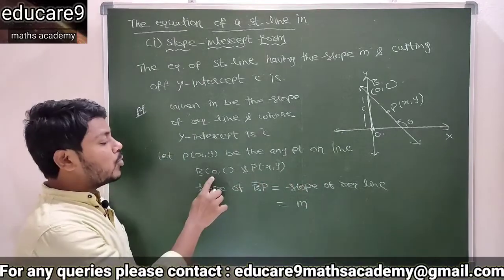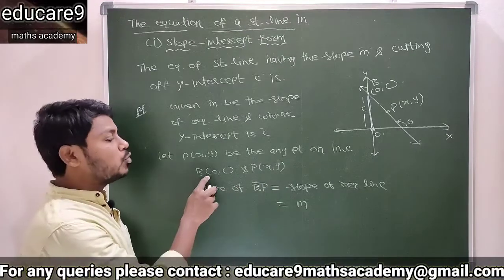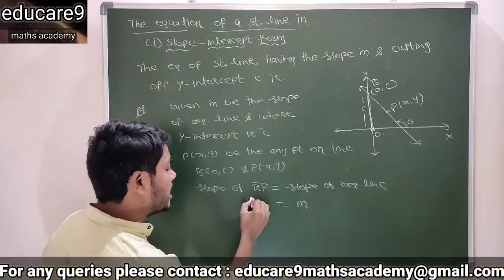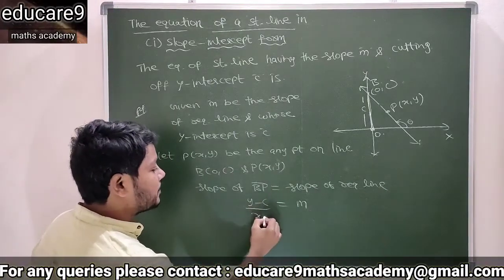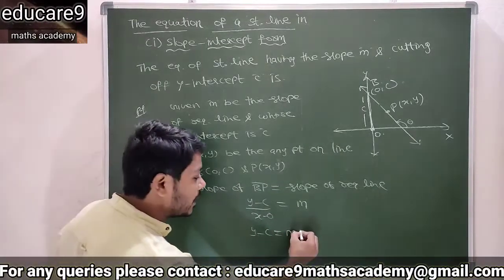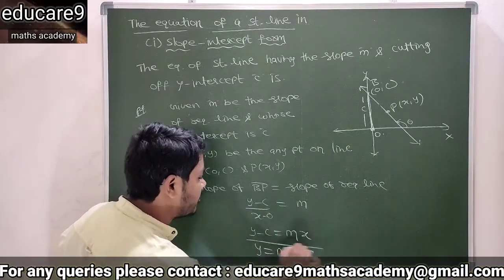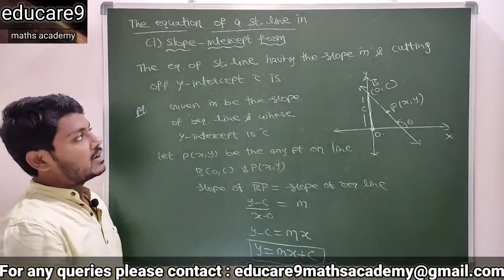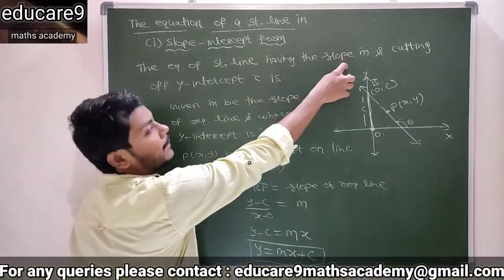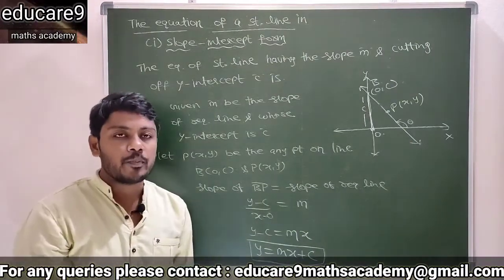Now how to find the slope of two points? This is (x1, y1), this is (x2, y2). The slope is (y2 minus y1) by (x2 minus x1), that is (y minus c) by (x minus 0). So clearly y minus c is equal to m into x, so y is equal to mx plus c. Therefore this is the equation of the straight line having the slope m and cutting off y intercept c. This is the slope intercept form.